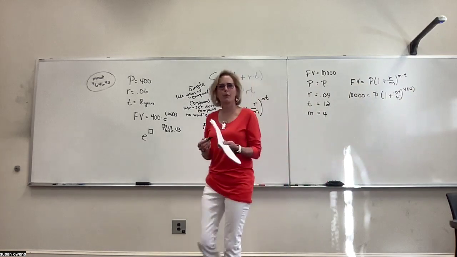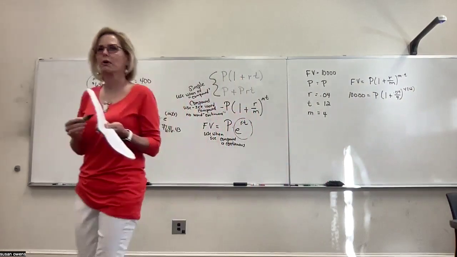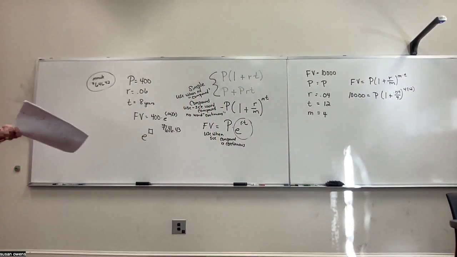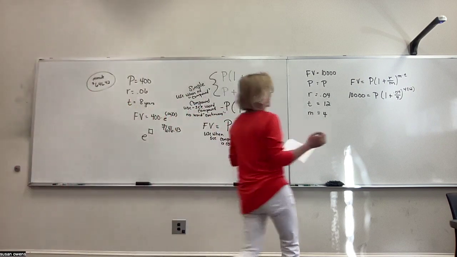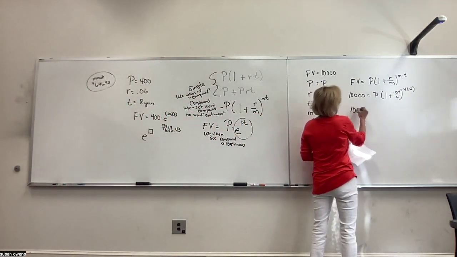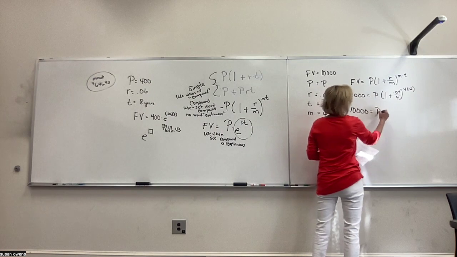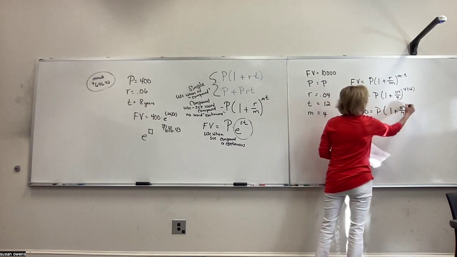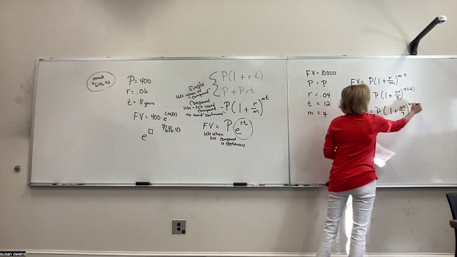When you look at that problem, what do you think you want to do first? What's your intuition tell you? Well, multiply the 4 and the 12. Okay, so we'll do that. 10,000 is equal to P times 1 plus 0.04 over 4 to the 48.